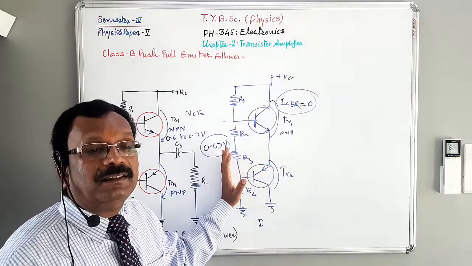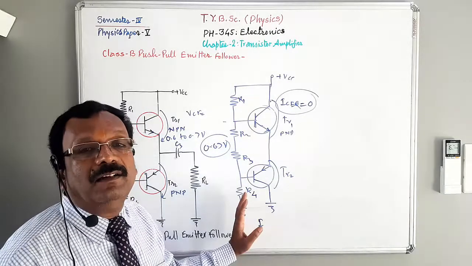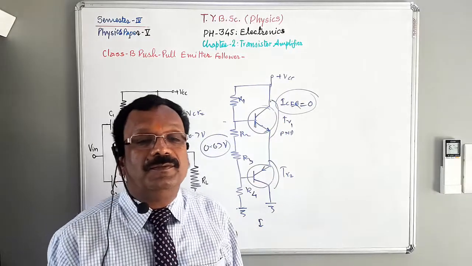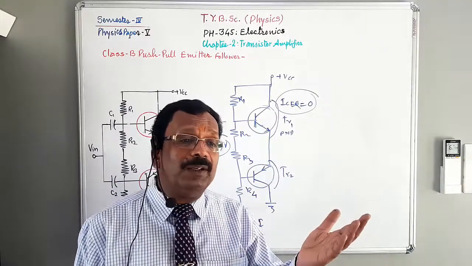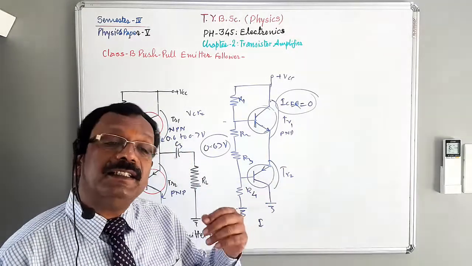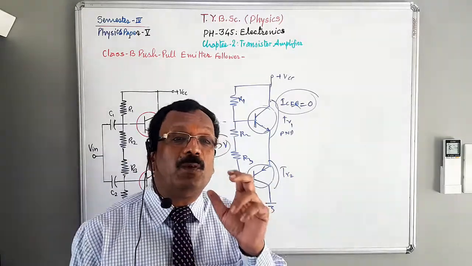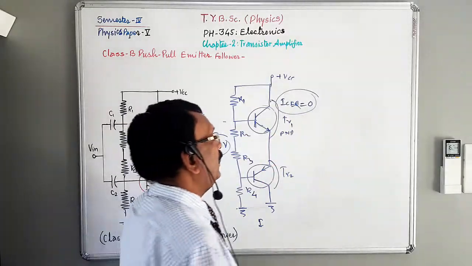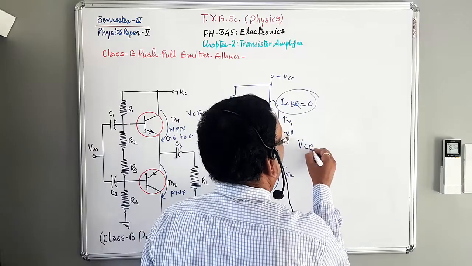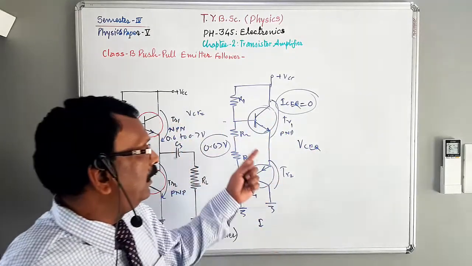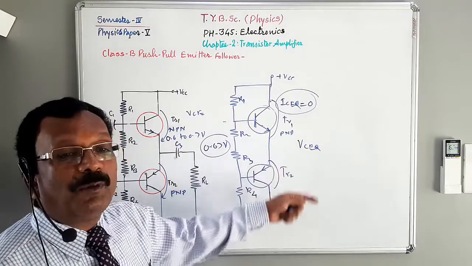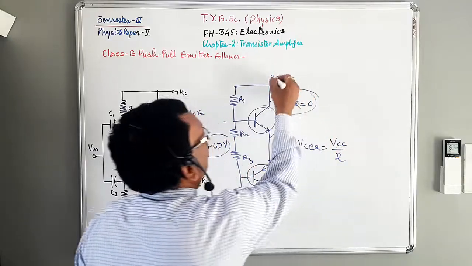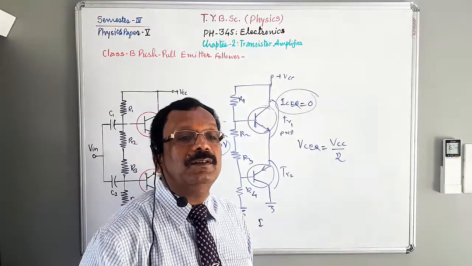As the biasing resistors are equal, each emitter diode is biased with the same value of voltage, and as a result 50% of the supply voltage drops at the collector of both transistors. Therefore VCEQ, the voltage between collector and emitter for the quiescent point, is equal to half of VCC, the supply voltage.